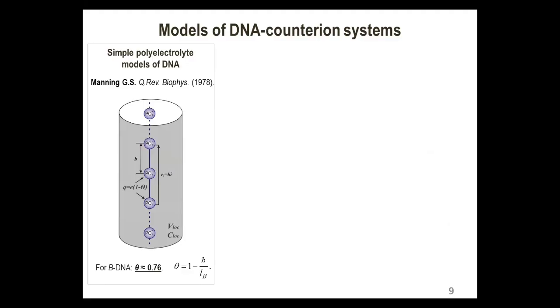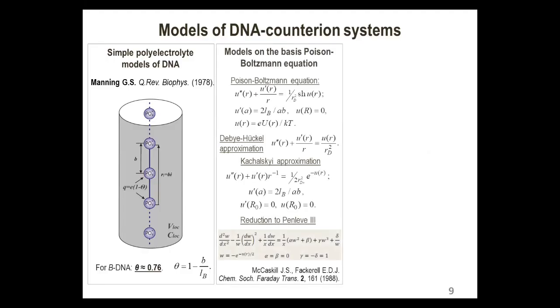And within the framework of this model, it was shown that the ions form a cloud around DNA, and this result was supported by many experiments. Of course, there are also other more complicated models on the basis of the Poisson-Boltzmann equation, which we cannot solve analytically, but in some approximations, like the bifugal approximation, we know the solution, and also other approximations like the Kachalsky approximation. Not so many, but still we have some approximations allowing us to obtain an analytical solution.